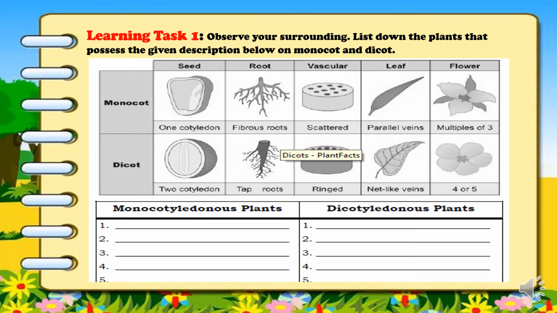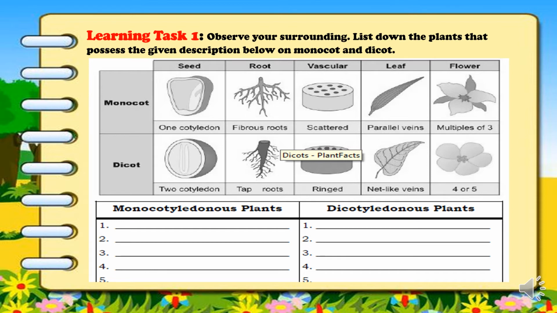Now for the dicot and monocot, we have the seed, the root, the vascular, the leaf, and the flower. To identify if the plant is a monocot: for the seed, it has one cotyledon. For the roots, we have fibrous roots. For the vascular, scattered. For the leaf, parallel veins. And for the flower, multiples of three.